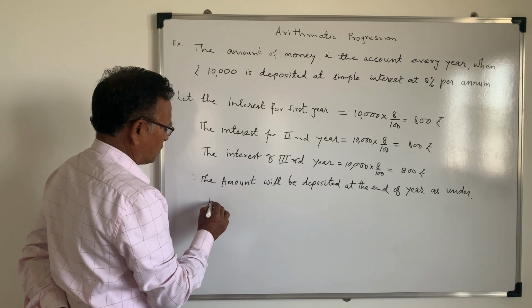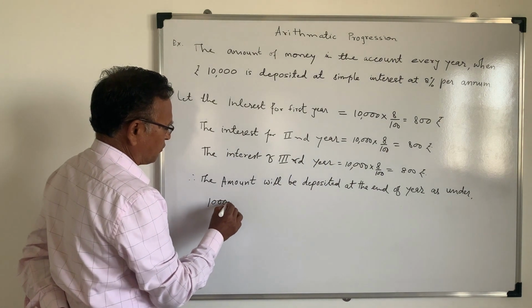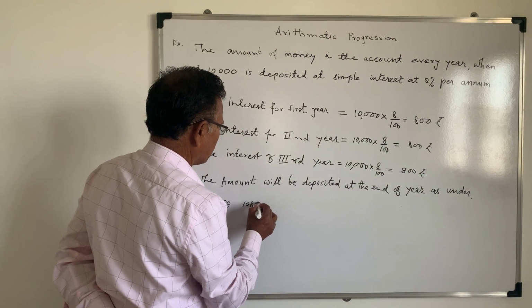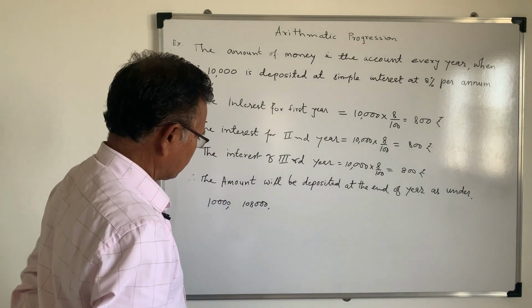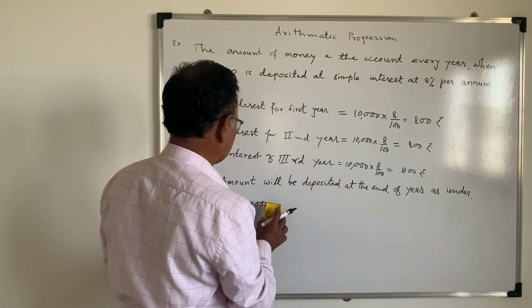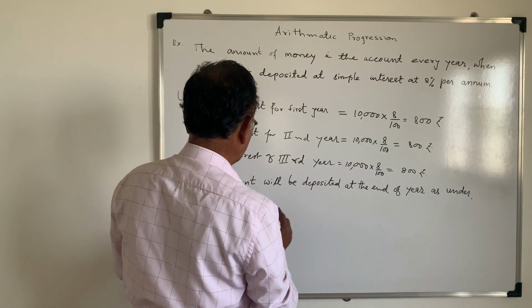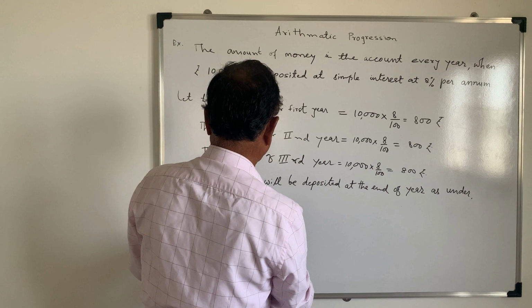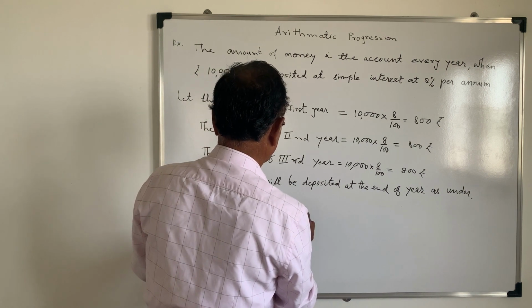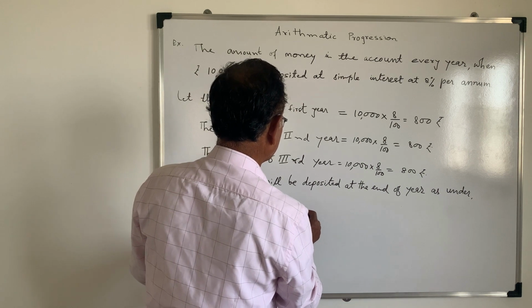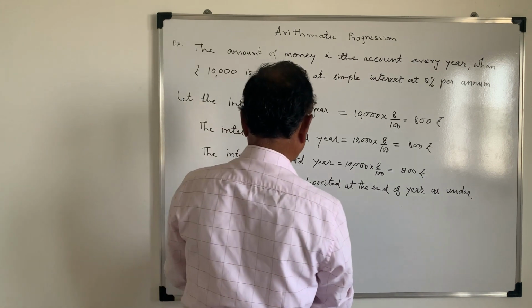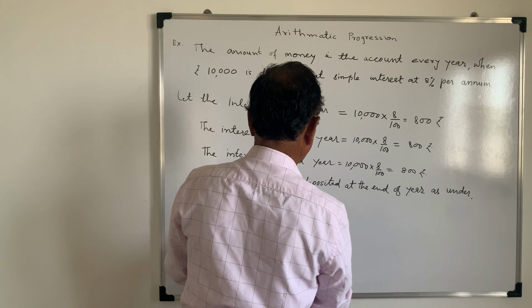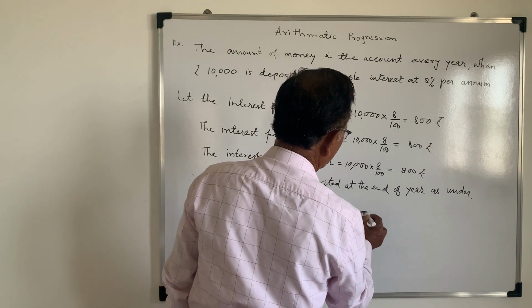Amount for first year will be 10,000. For second year it will be 10,800. Then 11,600, then 12,400, and so on.